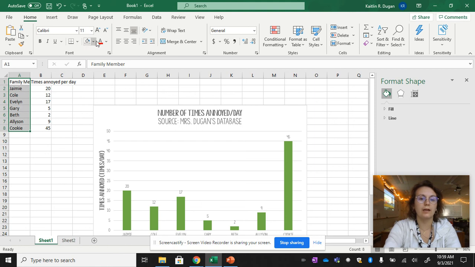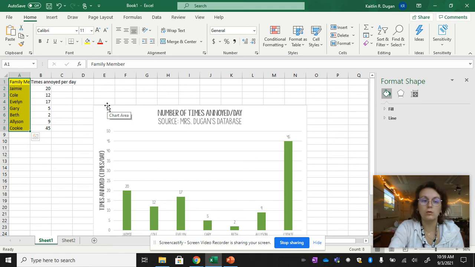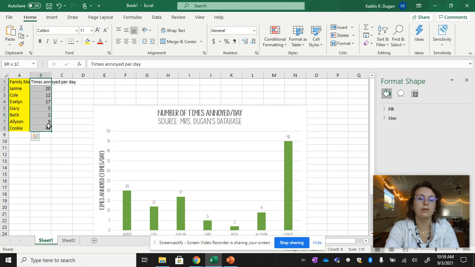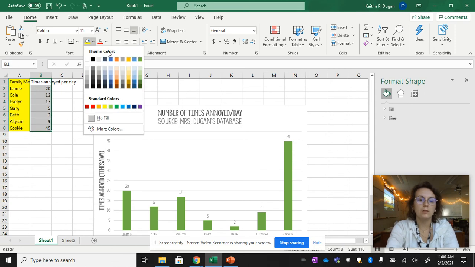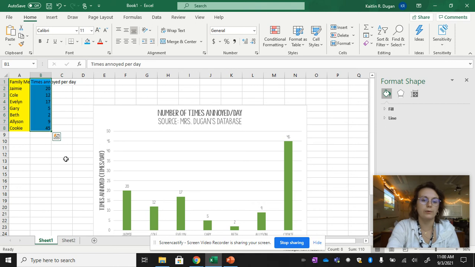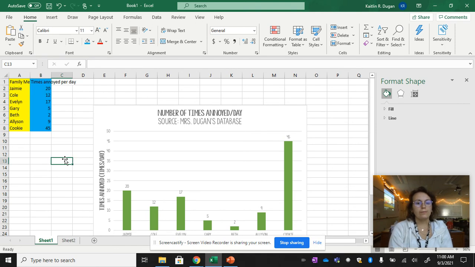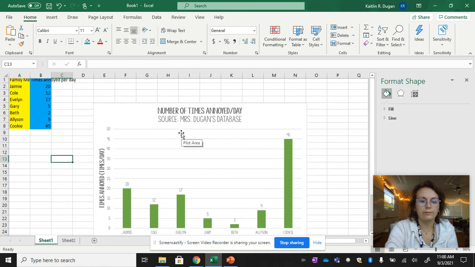I'm going to highlight that in yellow. So we remember yellow is independent variable. Now, all of the data columns after that are going to be our dependent variable because they depend on the independent variable. Okay, so after I put it into Excel, I created this nice little graph.